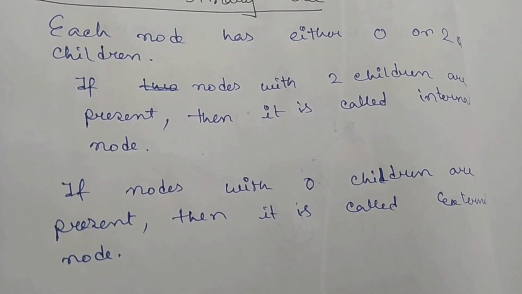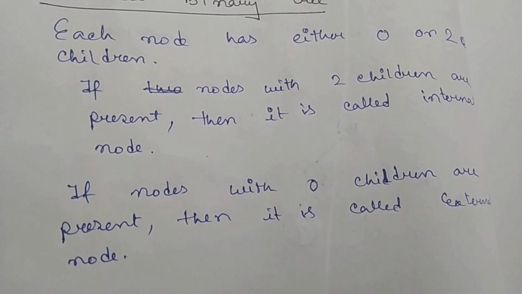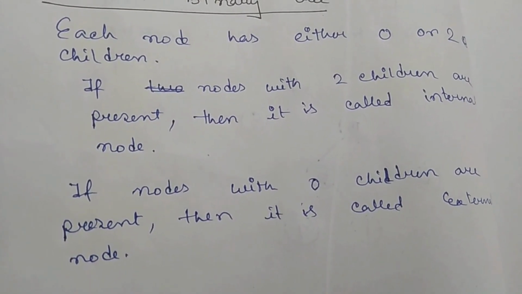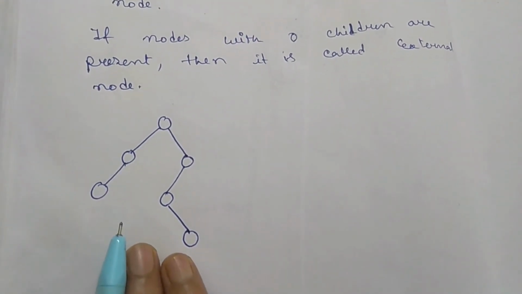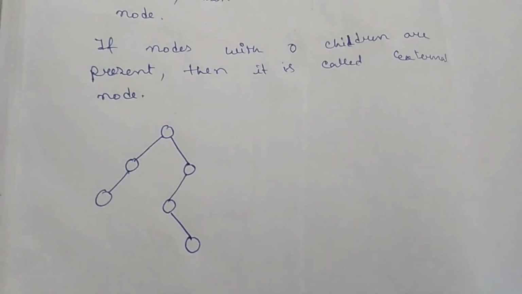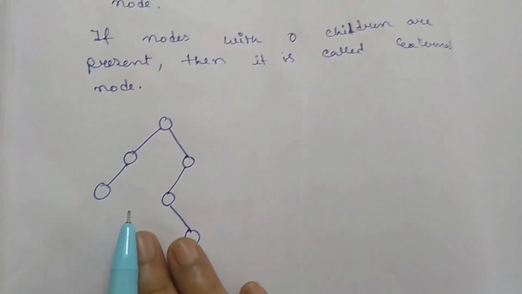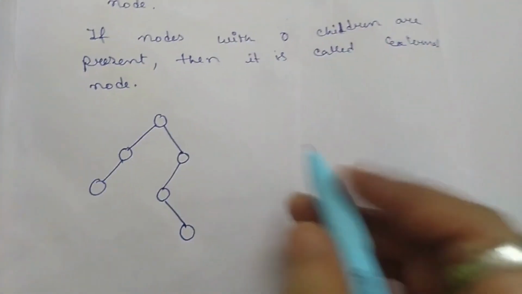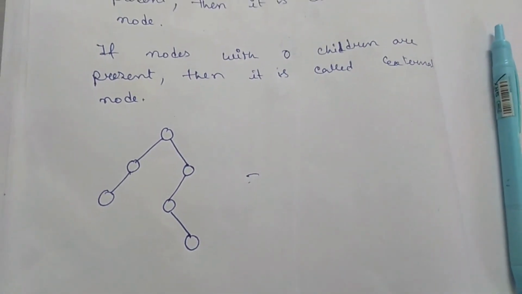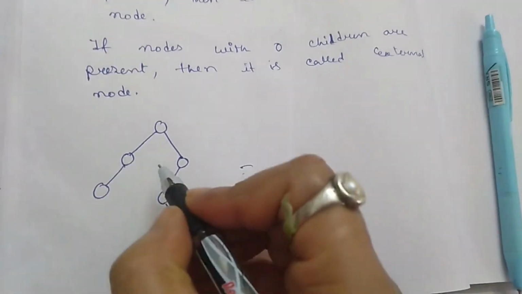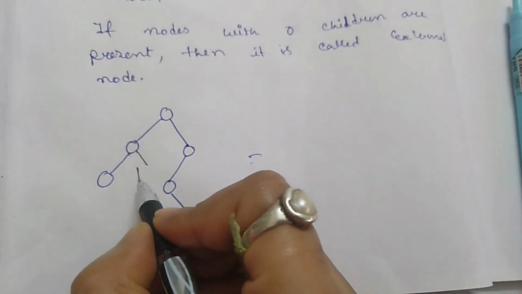Let's see the pictorial representation of an extended binary tree. This is a pictorial representation of a normal binary tree. Now if we convert this binary tree into an extended binary tree, then here we add some child nodes, that is that way.